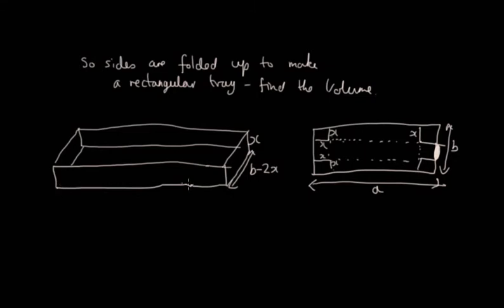Likewise, the length of the tray is going to be this, so this length is going to be A minus 2X.